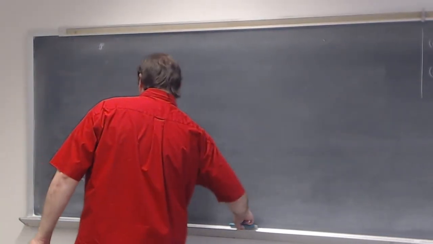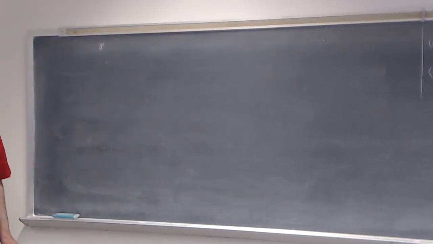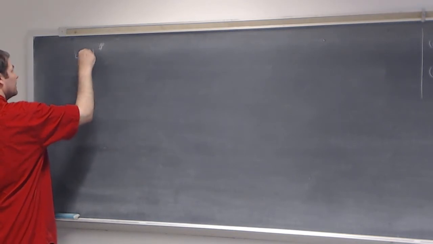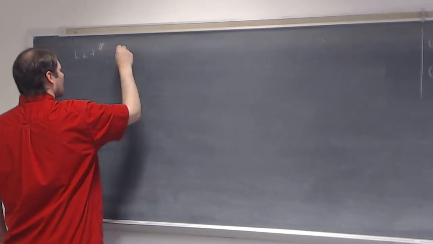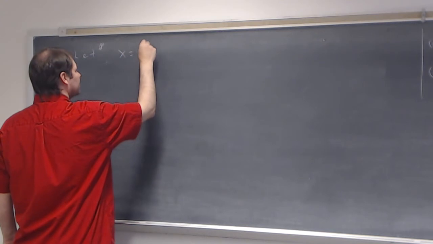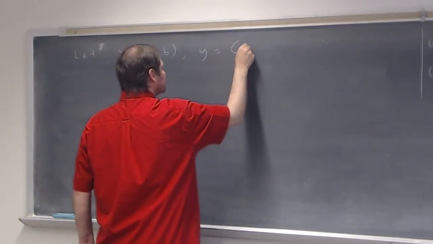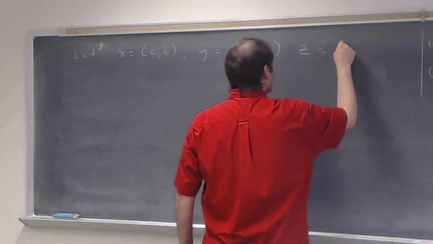Okay. So the first was that if you take two complex numbers and you add them, you're still getting complex numbers. So for those field axioms, remember what we have is three complex numbers. So we're going to let x be equal to (a, b), y be equal to (c, d), and z be equal to (e, f).